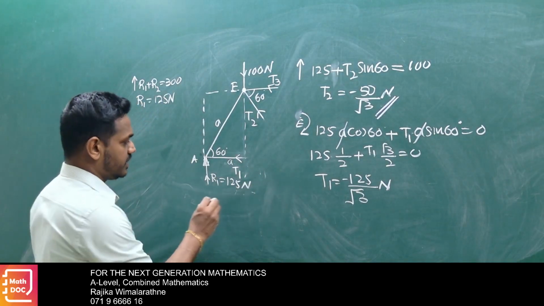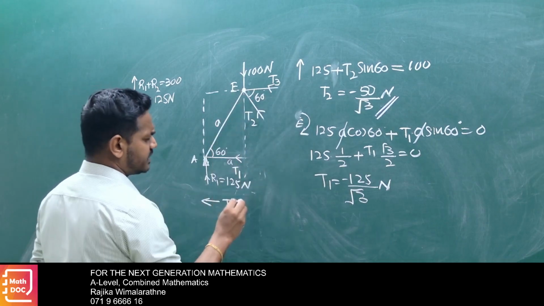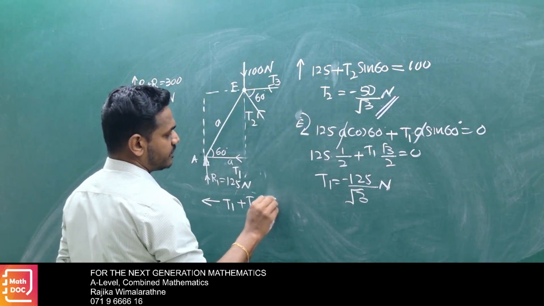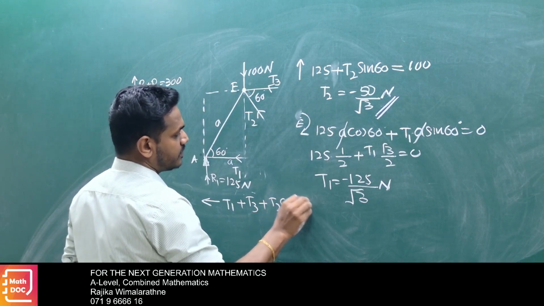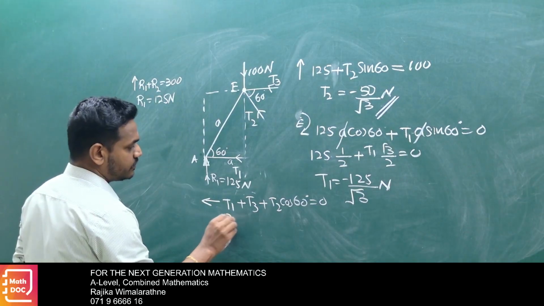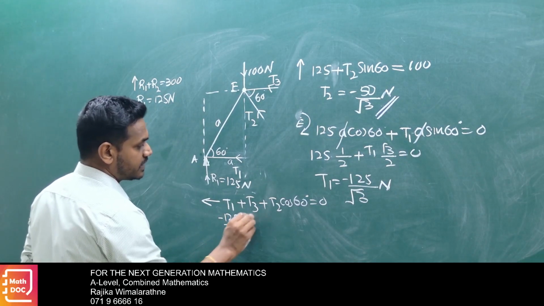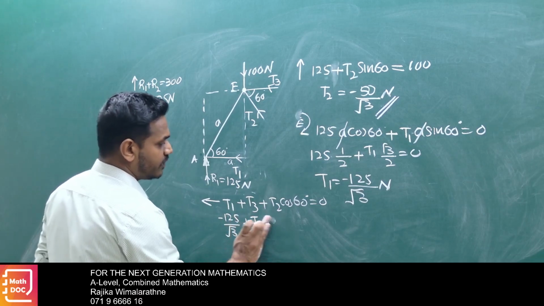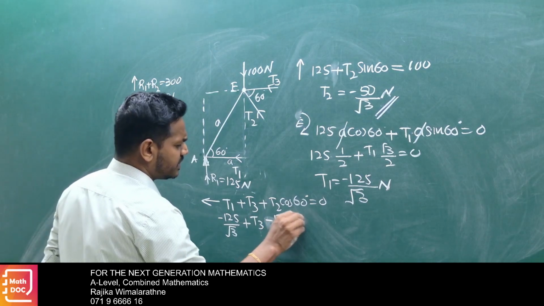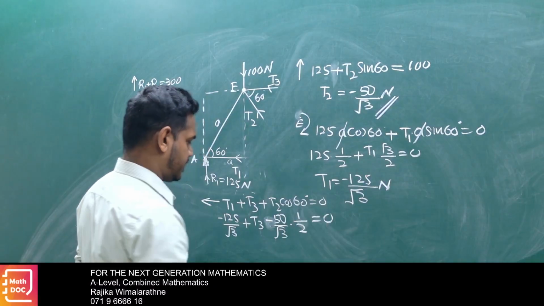Then resolve horizontally. T1 plus T3 plus T2 cos 60 equals 0. T1 is minus 125 over root 3, T3, T2 is minus 50 over root 3, cos 60 half, equals 0.